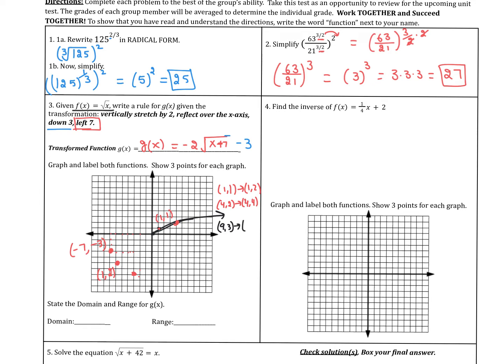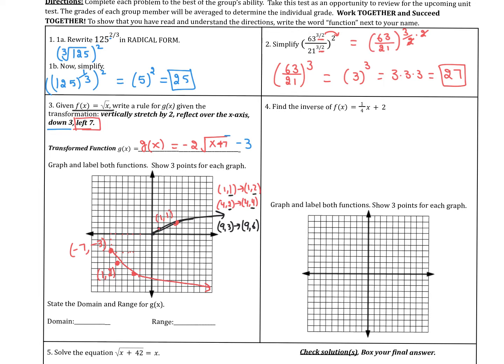Then this one is going to become 9, comma 6 because every y coordinate is multiplied by 2, because of the vertical stretch. Now you just combine these points and you're going to get the graph for the g(x).